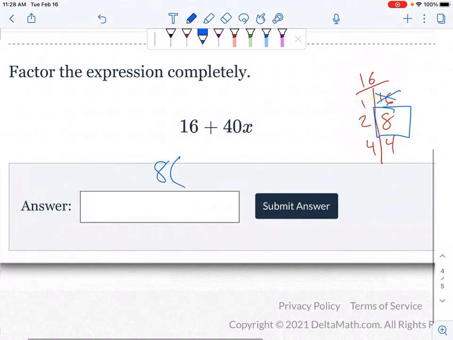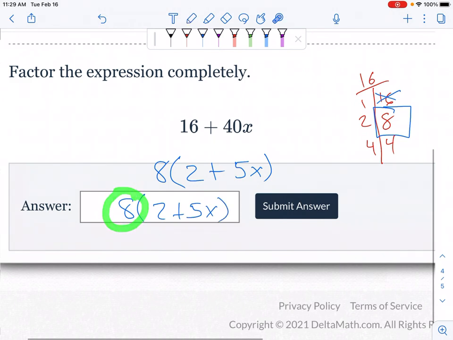So there's a 2 left over here. Plus 40 divided by 8 makes 5. So 5x. So my answer is 8 times 2 plus 5x. So we've divided out the largest possible number that we could take from both of these.